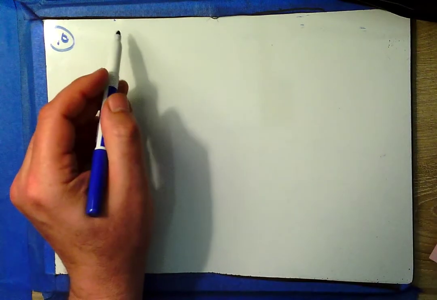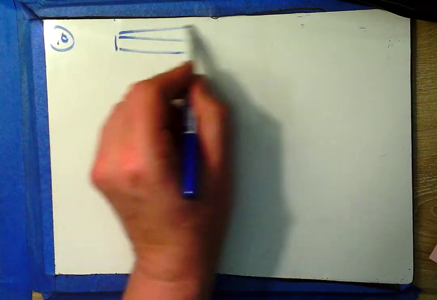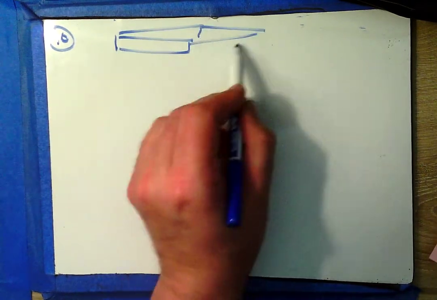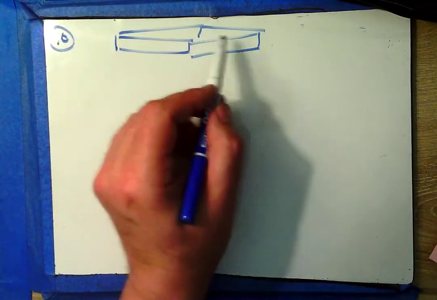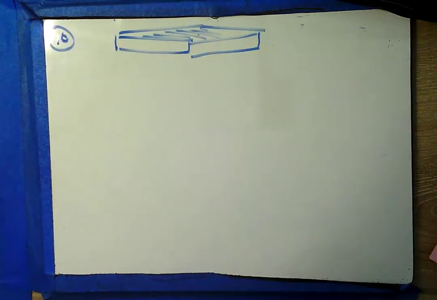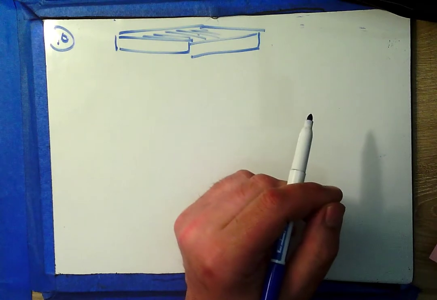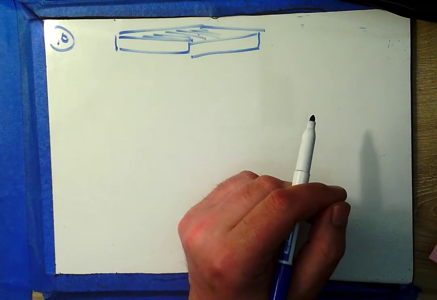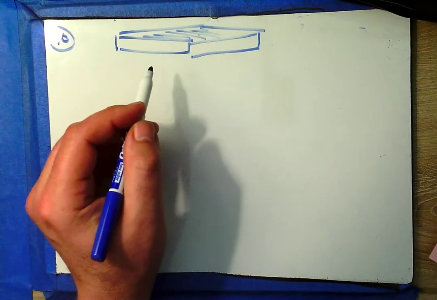I guess we need to start by writing the formula for the volume of this box. And this box, unlike many of the ones that we did in pre-cal, has, in fact, a top to it. That top doesn't affect the volume per se. It does affect the surface area.